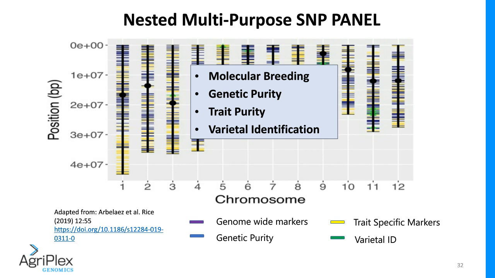The 1,000 SNPs, actually after a slight correction, were reduced to 955.